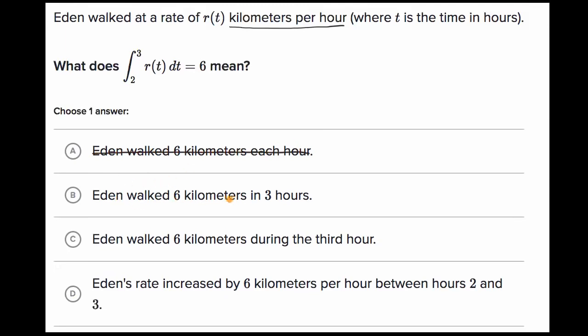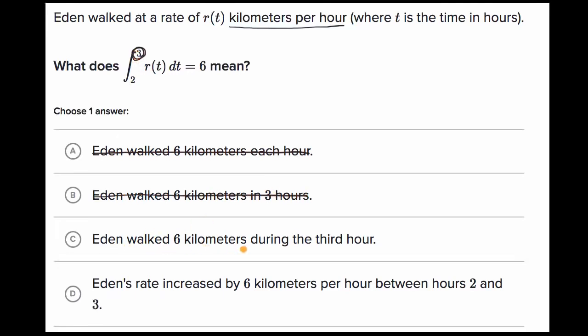Eden walked 6 kilometers in 3 hours. So this is a common misconception. People will look at the top bound and say, okay, this area represented by the definite integral tells us how far in total we have walked up until that point. That is not what this represents. This represents the change in distance from time 2 to time 3. So I'll rule that out.